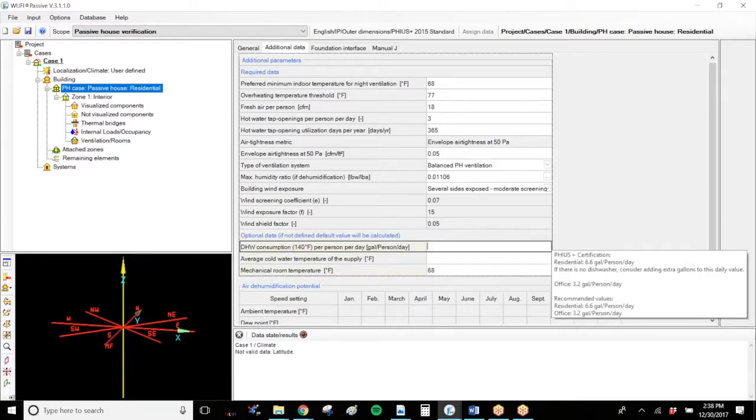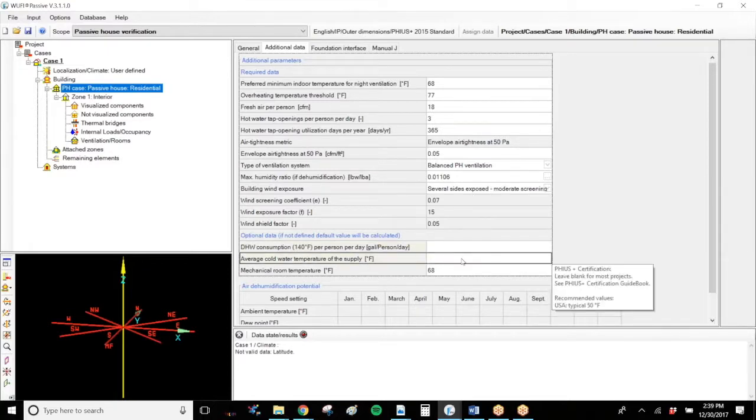So here we can leave these blank. However, we can also enter default values. So hot water consumption per person per day at 140 degrees. As shown in my hover over hint here, the default is 6.6 gallons per person per day. So again, if I did not enter 6.6, it would assume 6.6. So I can enter something higher, potentially, if I believe the value is higher, or I can leave it blank.